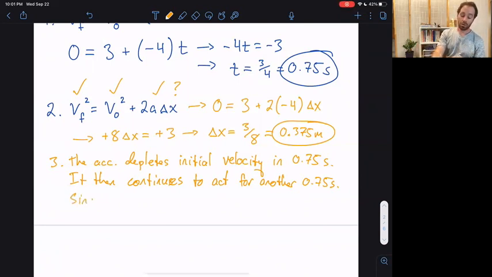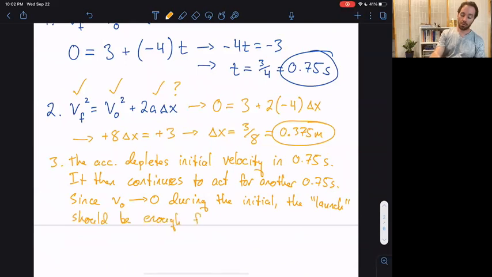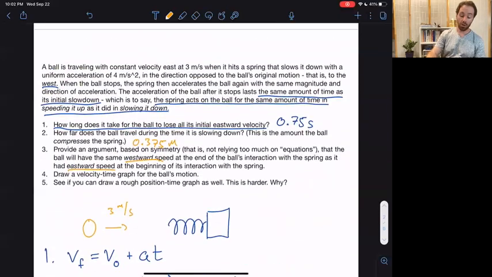So since V naught went to 0 during the initial part, the launch should be enough for 0 going to V naught again. Except now we are going in the opposite direction, so we need to label it as minus. We're making good progress here.